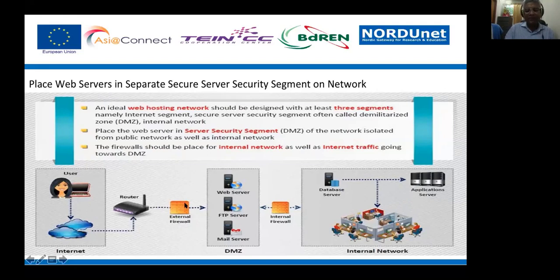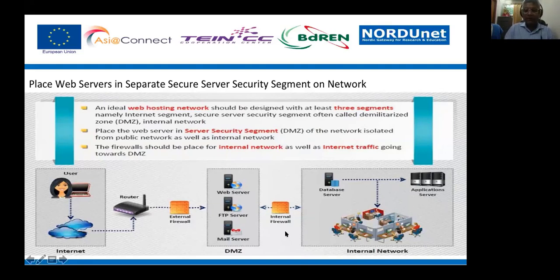One is an external firewall and another one is an internal firewall. The external firewall will be attached to the internet, and the internal firewall will be attached to the intranet as well as the mail server, web server, and FTP server. So these are the positions where we can install the firewall.